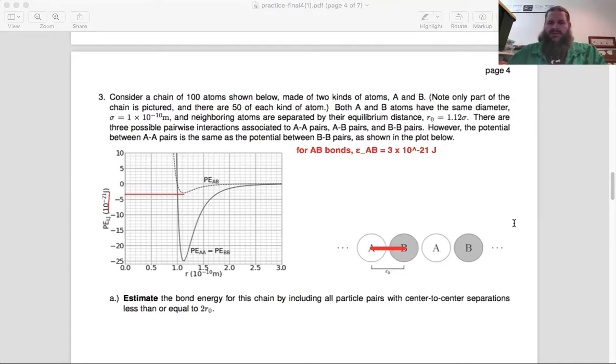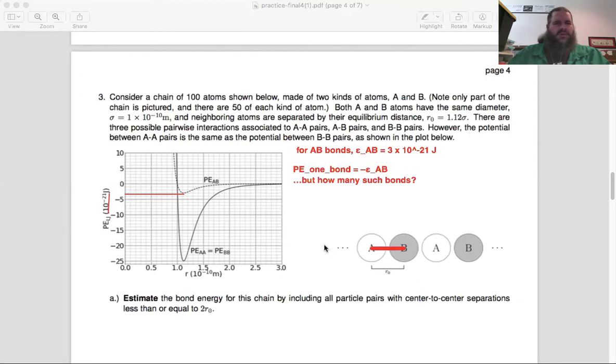But we're not dealing with just one bond. How can we figure out how many bonds of this type we're dealing with? If we've got this cluster of 100 atoms, how would we figure out how many AB bonds there are? You can just probably divide 100 by 2 to get 50 AB bonds.